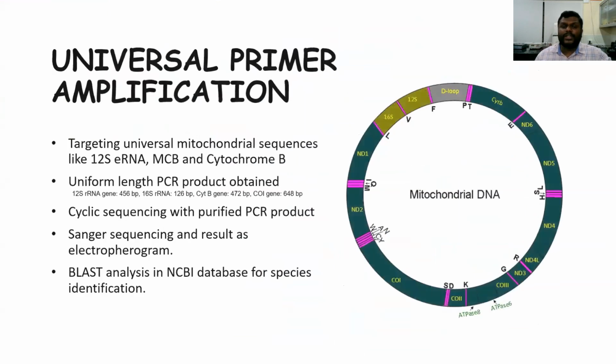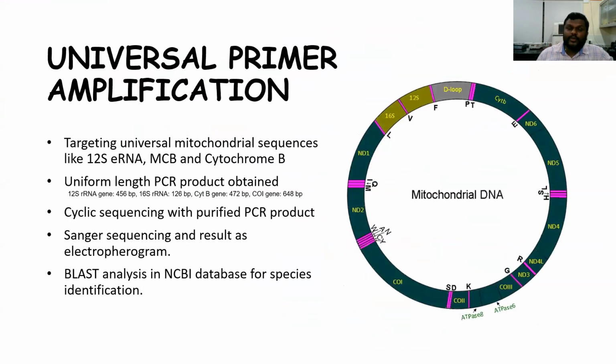This universal primer I have already explained. Those who are interested in PCR, please give some attention here. We know that mitochondrial DNA is largely used for animal species identification. Mitochondrial DNA is maternally inherited, so there is no recombination.